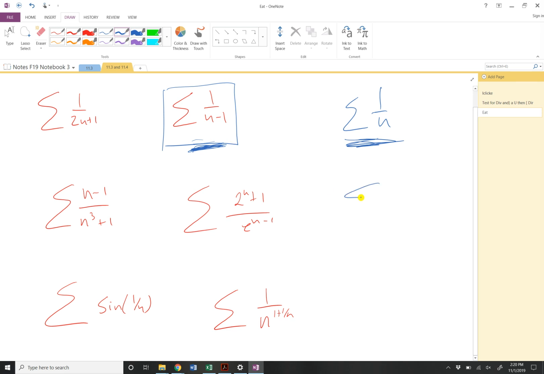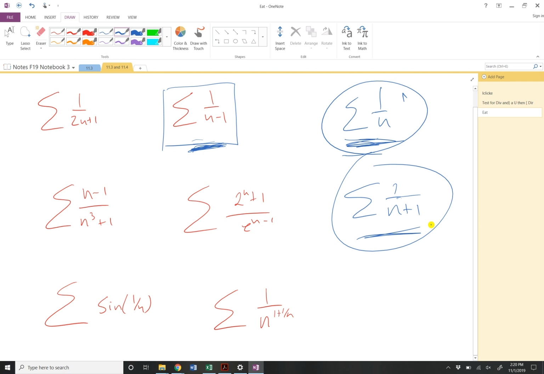What if I had this? 1 over n plus 1. Can we use the same argument? No, it's on the wrong side. You still think it should be close enough that if this one diverges, this one should also diverge. But it's on the wrong side.